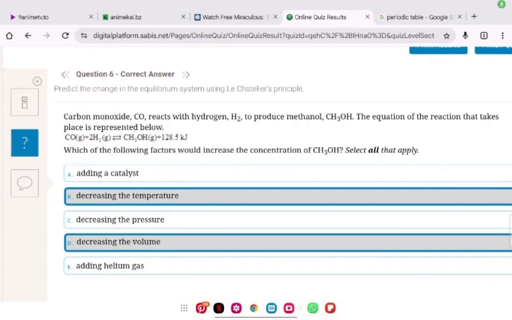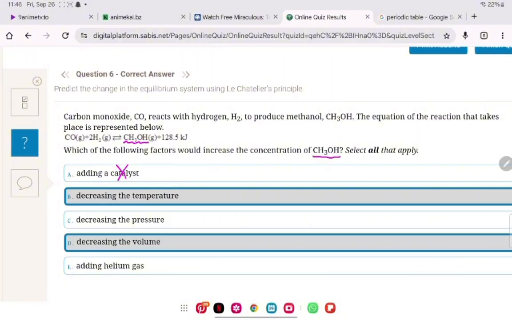Here, which of the following factors would increase the concentration of CH3OH? Okay, this is what they want to increase. Adding a catalyst will never increase or affect anything. It only speeds up the rate of reaction to reach equilibrium faster, so this is wrong.